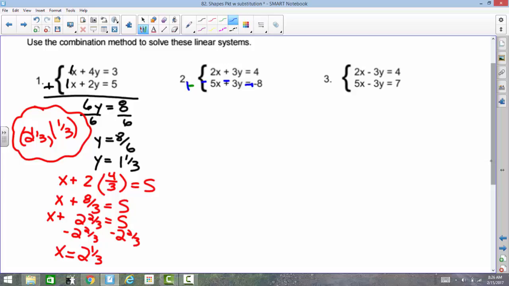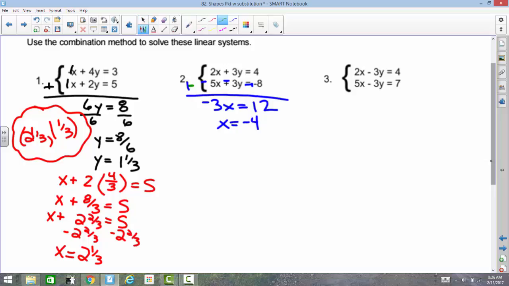And then you can add them. So you can think of it as subtraction, or you can think of it as multiplying by a negative and adding. So that gives us -3x, then the y's cancel, and then the number is 12. So when you divide by -3, you get x equals -4.